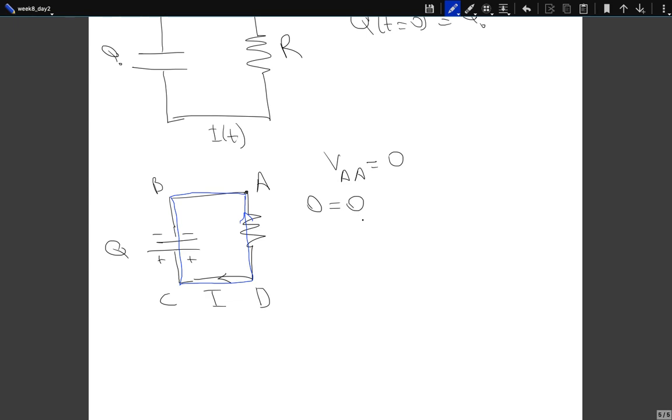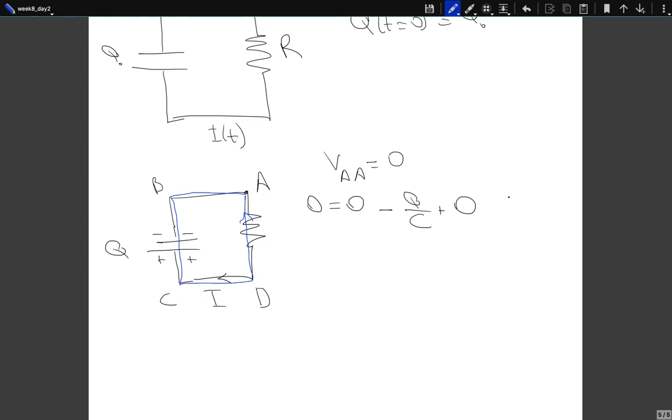What is the potential drop as we go from B to C? Well, it should be Q over C. But you see, if the charge Q is positive, charged like this, then there is a potential increase, which I can write as a negative potential drop, minus Q over C. Now, what is the potential drop as I go from C to D? 0. What is the potential drop as I go from the point D to A?